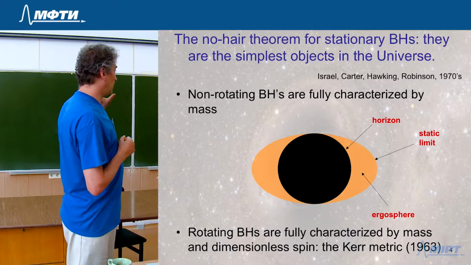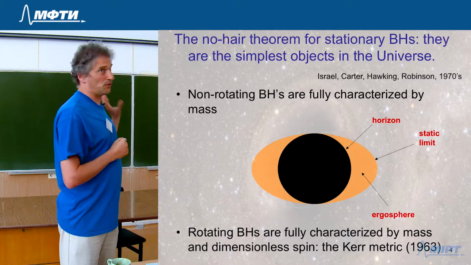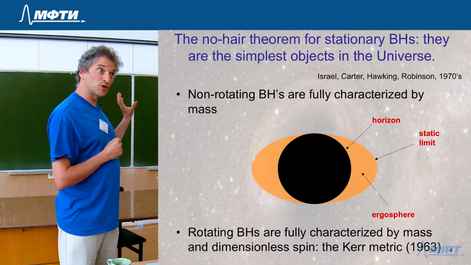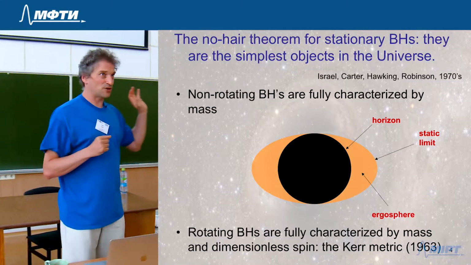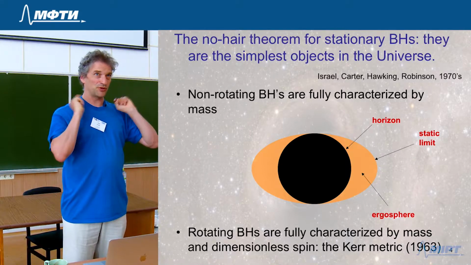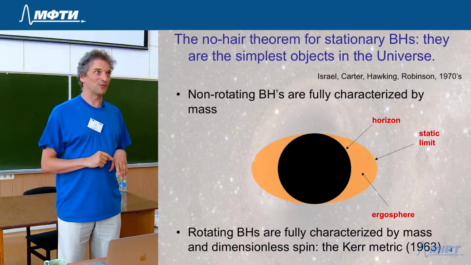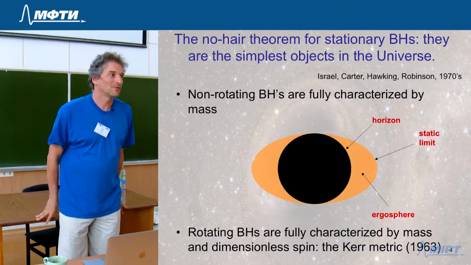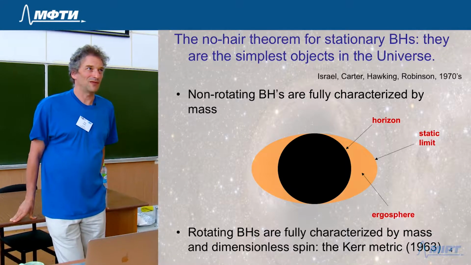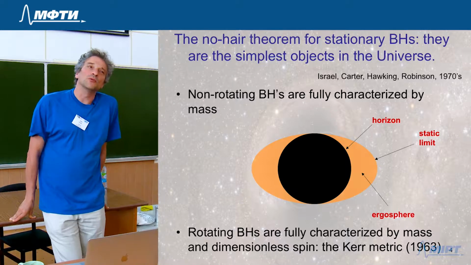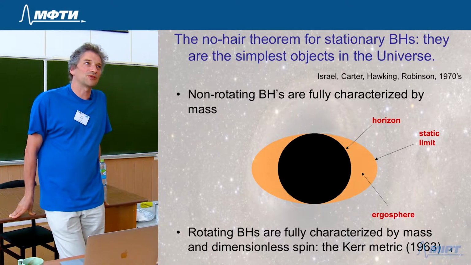If a black hole is the most simple object in the universe, it's a vacuum solution, doesn't require any fields, then I will ask you, what is the simplest dynamical process in the universe from this point of view? If a black hole is the simplest static object, what is the simplest dynamical process you can have?